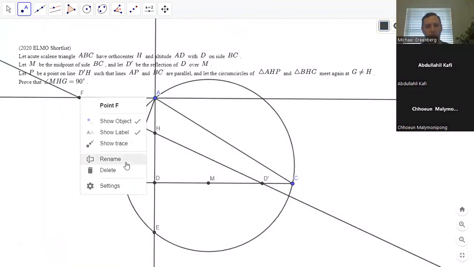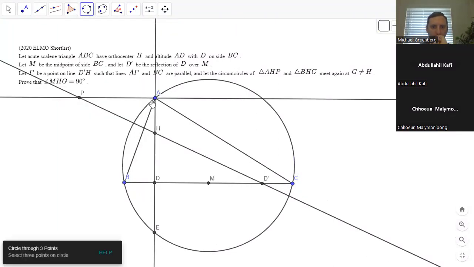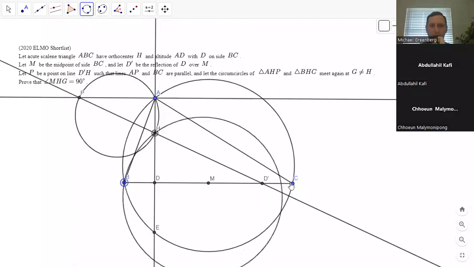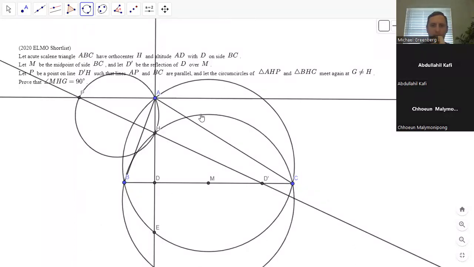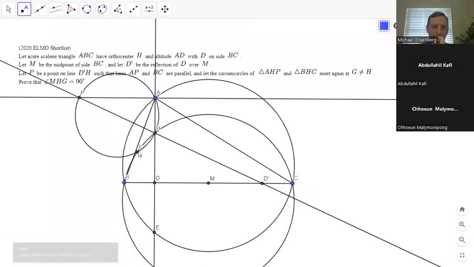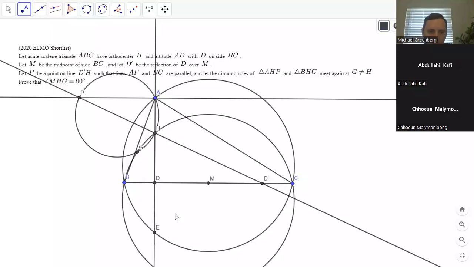So this is P. And the circumcircles of AHP and BHC. So the circumcircle BHC is like the reflection of this circumcircle ABC over BC. So these meet at point G. And we want to show MHG is 90 degrees.